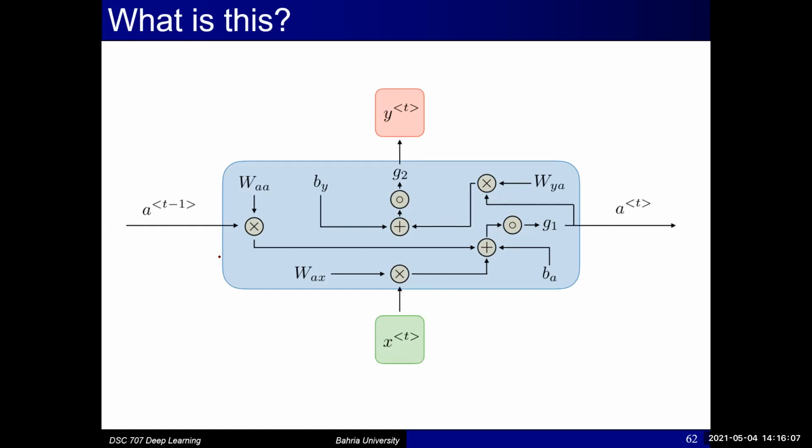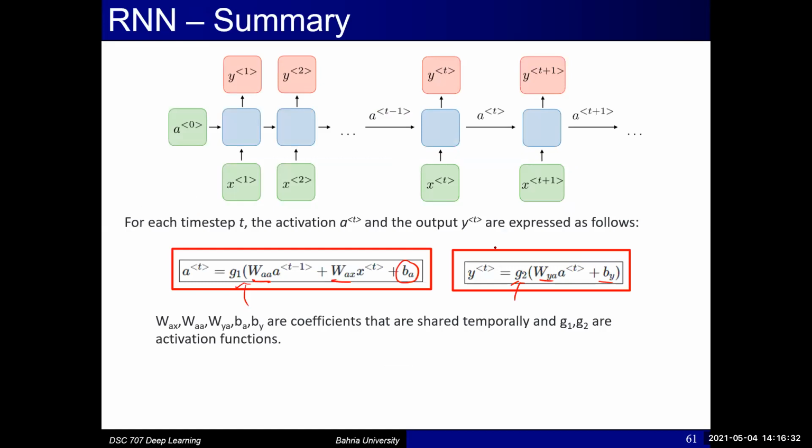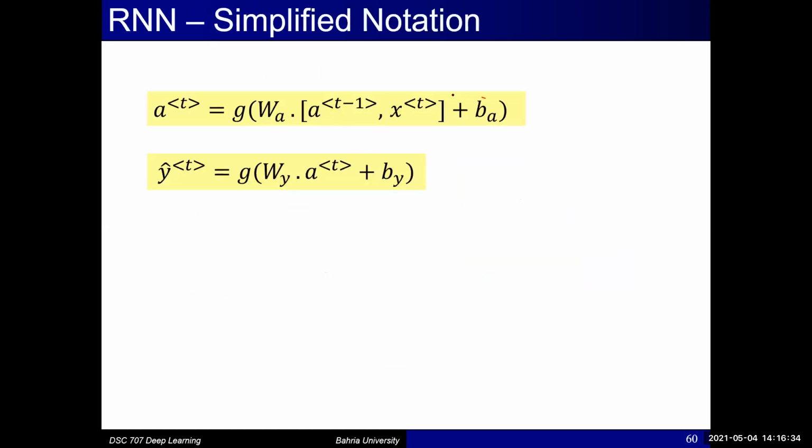If you try to interpret it, you see AT minus 1 and WAA are being multiplied, and you are multiplying WAX with the input. Both of these are multiplied, which we also did, and then you are adding them, and you are also adding the bias to it.